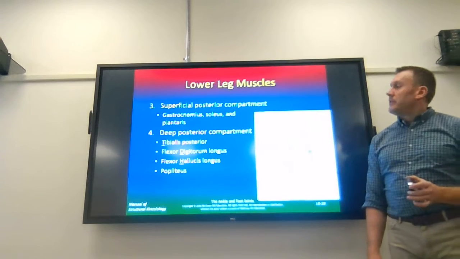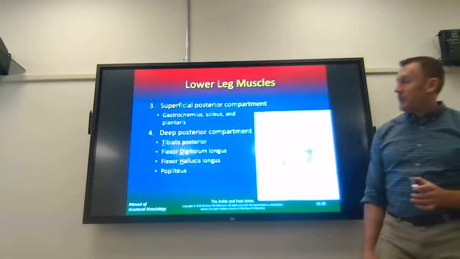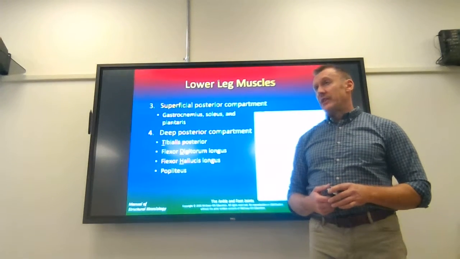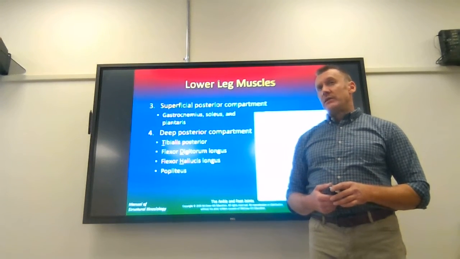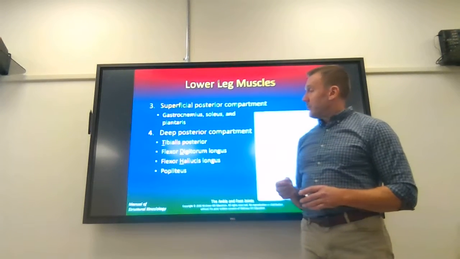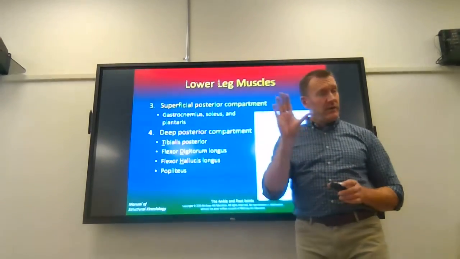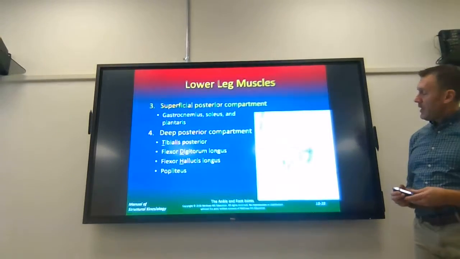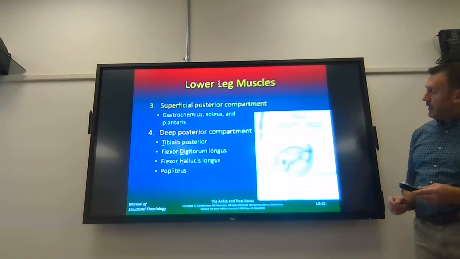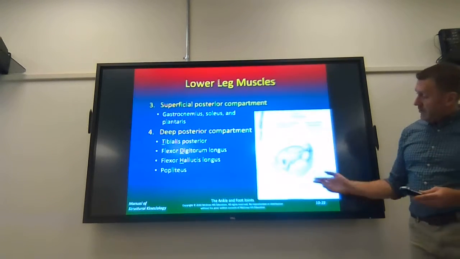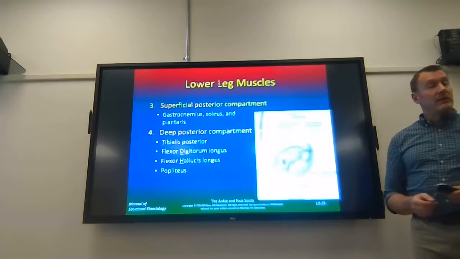In chapter 9, we went over the popliteus, which is a tiny muscle that helps the hamstrings flex the knee joint. The popliteus also externally rotates the knee joint as well, but it's included in that deep posterior compartment. You can see the lateral compartment over here, peroneus longus, peroneus brevis, and then all of these muscles, the four muscles of the anterior compartment.